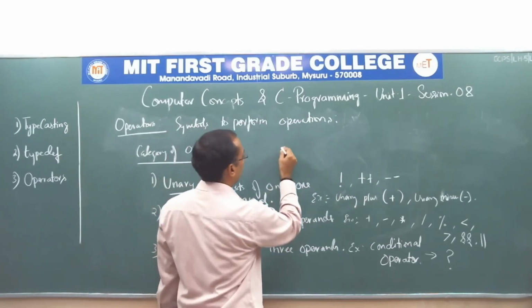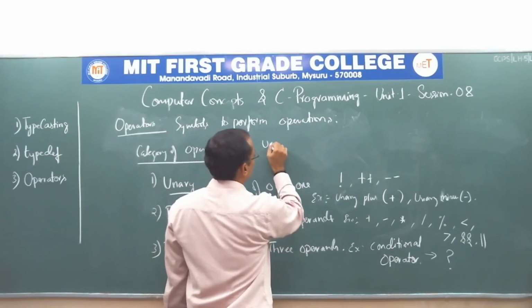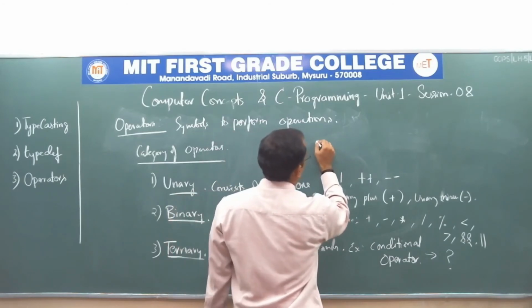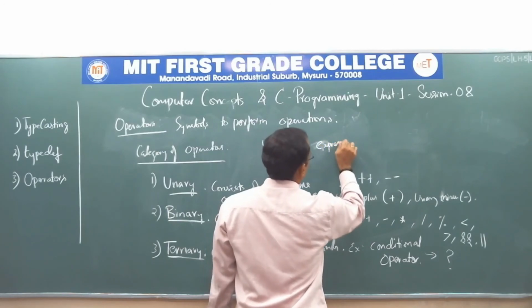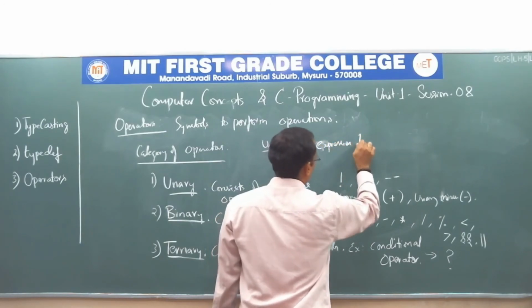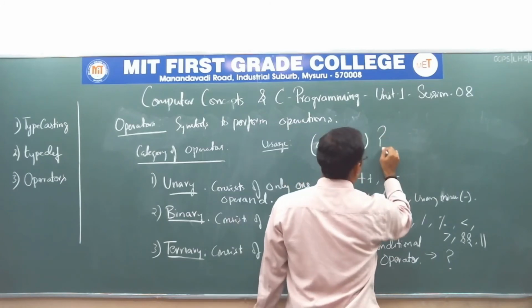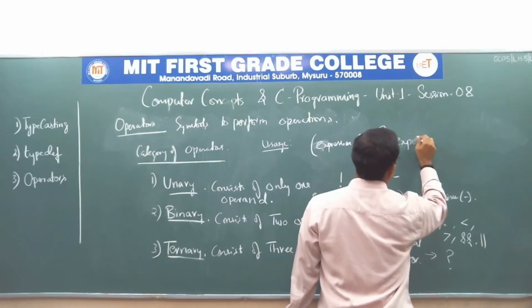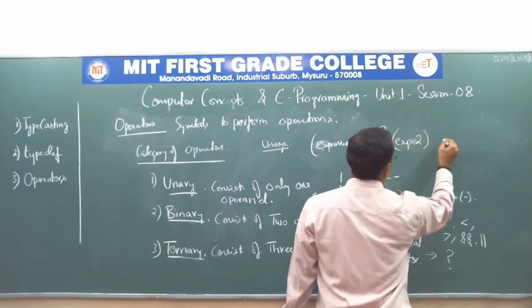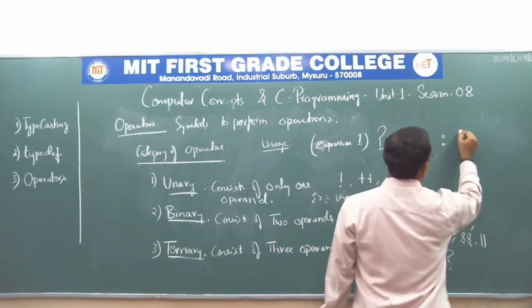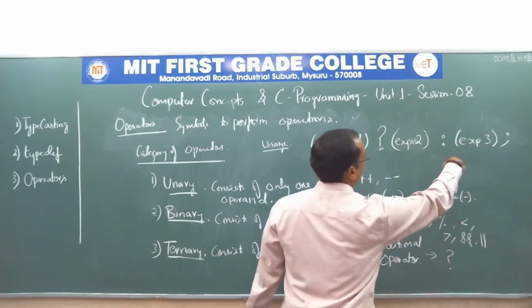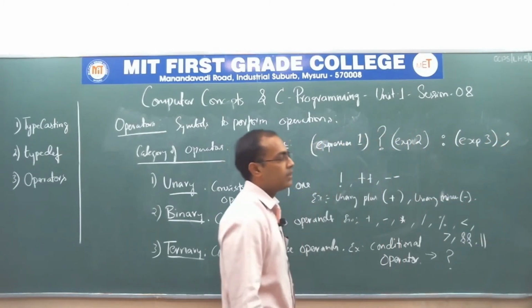So the usage of the ternary operator is, here you need to write expression 1, and then a question mark, expression 2, and then a colon, expression 3, and it is finally terminated by a semicolon.